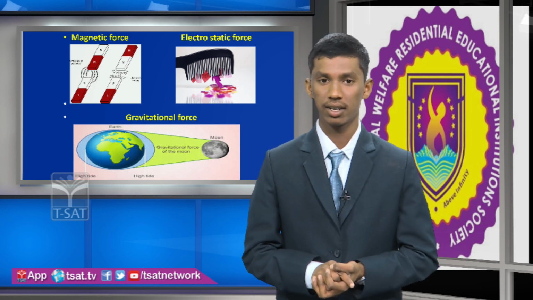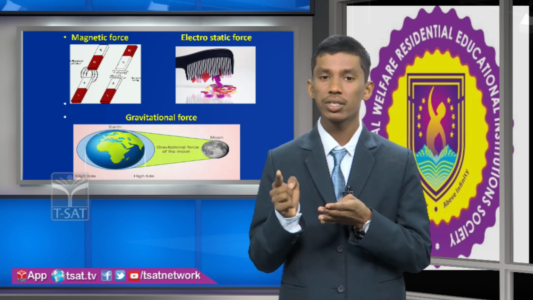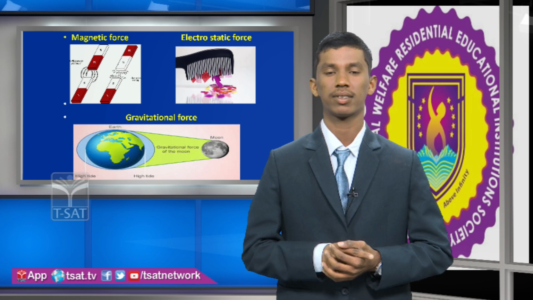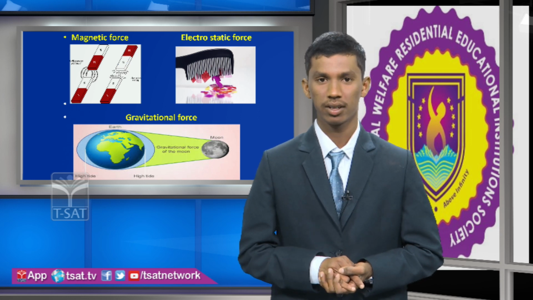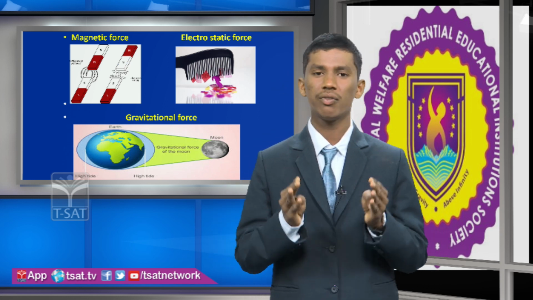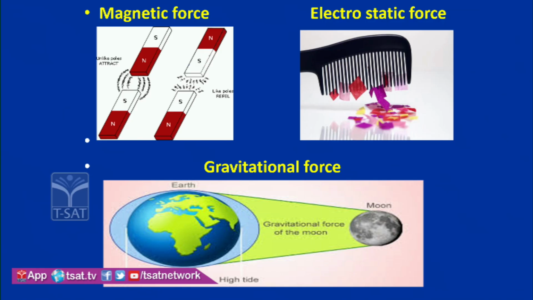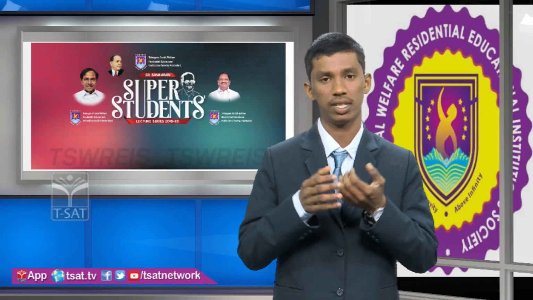Also, friends, we observe the revolution of the moon around the earth because of gravitational force. Okay friends, now we are familiar with these forces, right? So let us enter into centripetal and centrifugal forces.